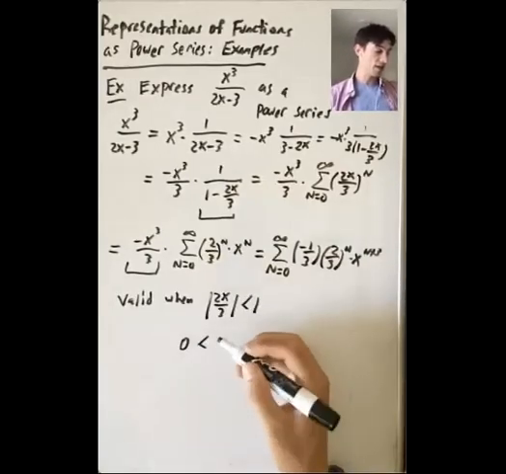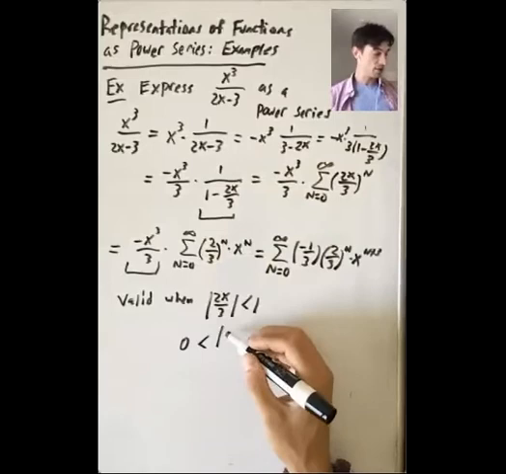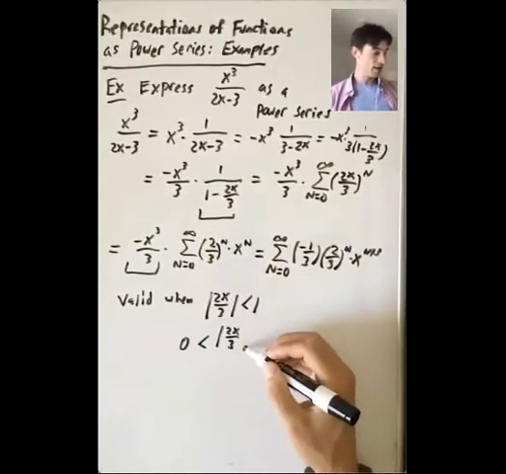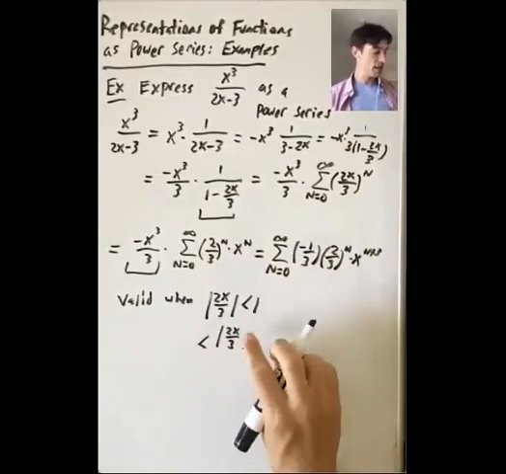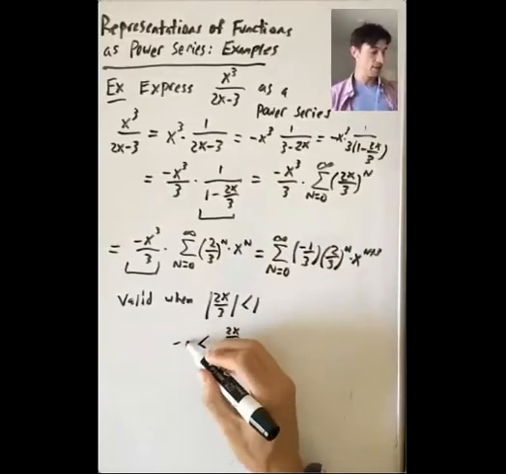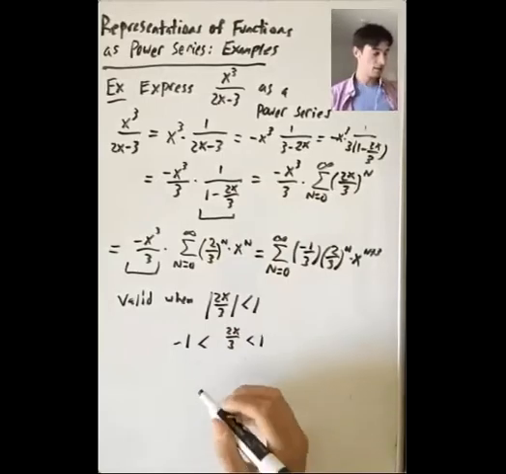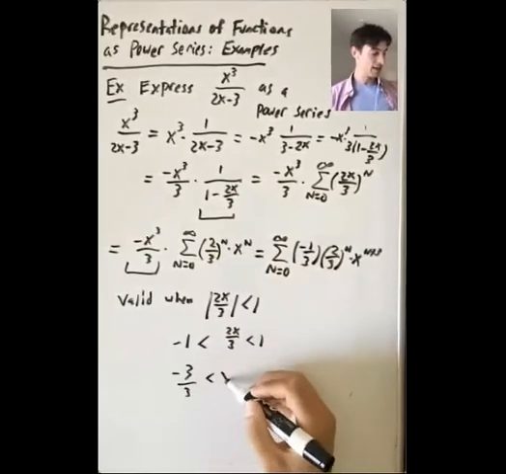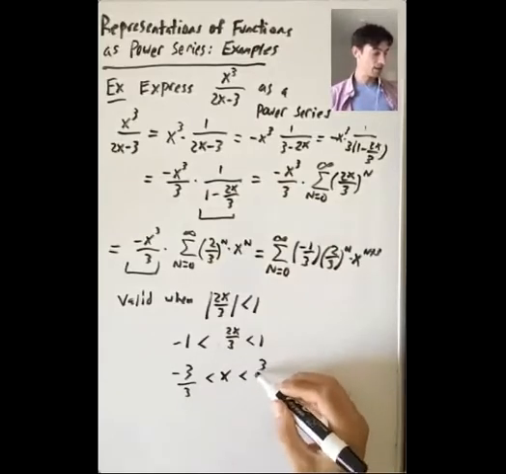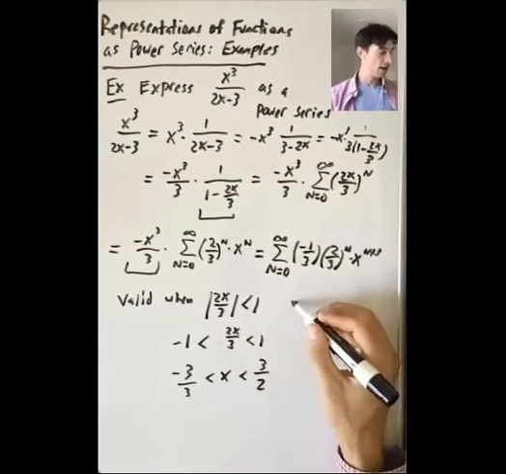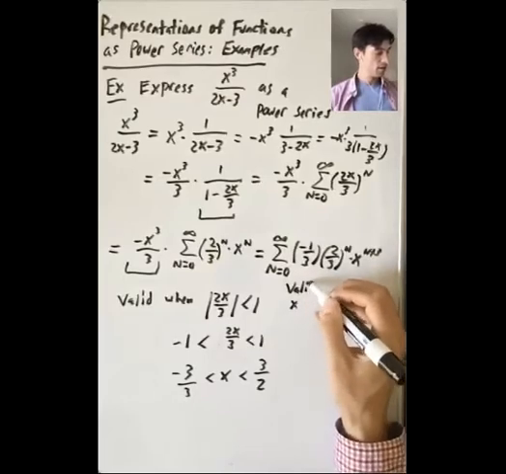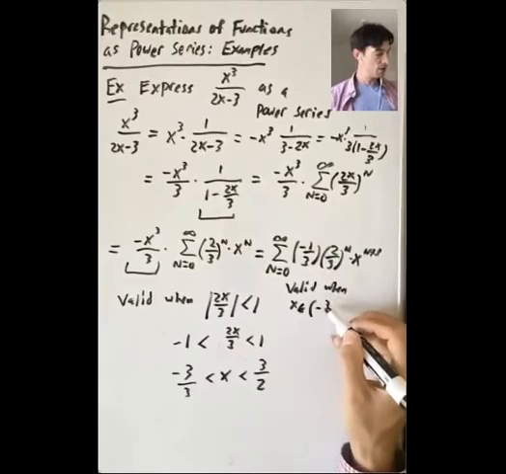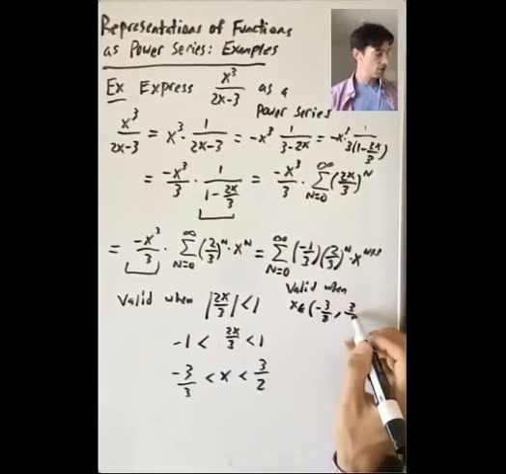So this is valid when the absolute value of 2x over 3 is less than 1, which is the same as saying that 2x over 3 is between minus 1 and 1, or that minus 3 over 2 is less than x is less than plus 3 over 2. So this is valid when x is in the interval from minus 3 over 2 to plus 3 over 2.